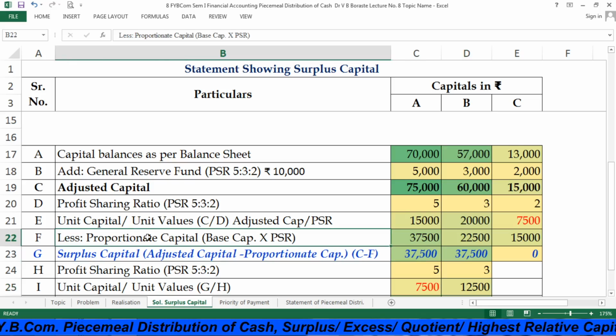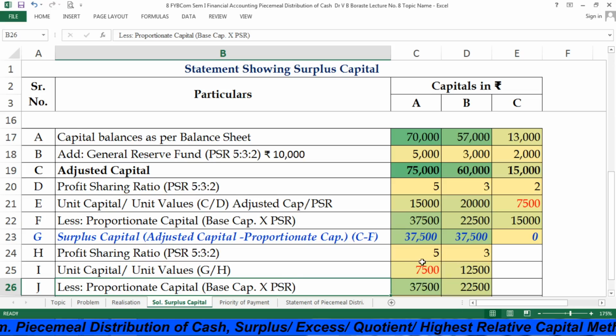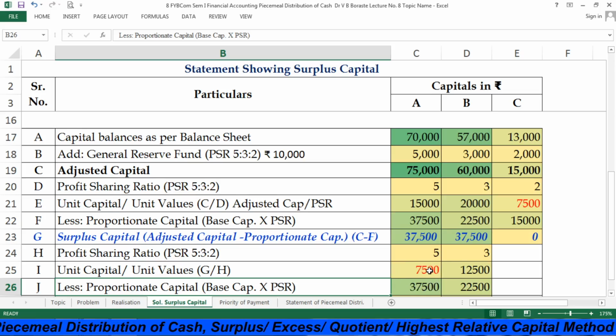Here we have to calculate the proportionate capital. So proportionate capital is what? Base capital into profit sharing ratio. What amount should we consider as the base capital? It's simply the least amount that is considered as base capital.